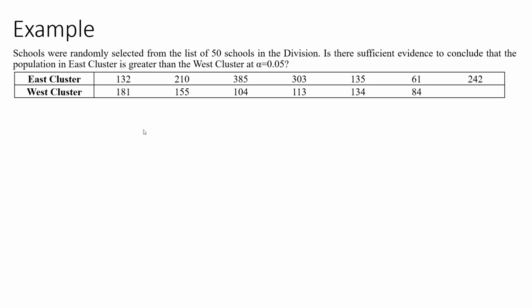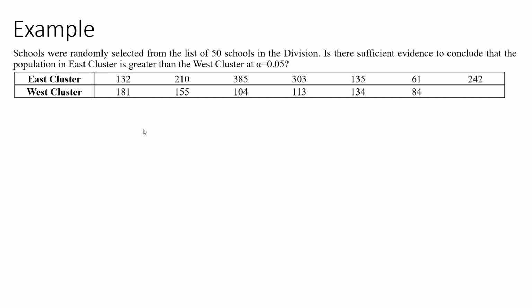Although the data is the same as what we had in our previous presentation, which was on the difference of the two variances, in this case it's not the variance but the mean.